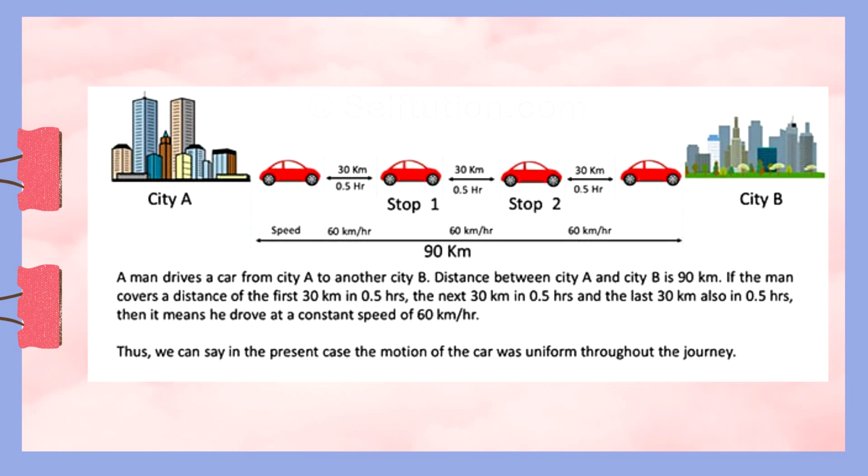If the man covered a distance of the first 30 km in half hours, the next 30 km in half hours, and the last 30 km also in half hours, then it means he drove at the constant speed of 60 km per hour. Thus, we can say in the present case, the motion of the cars was uniform throughout the journey.